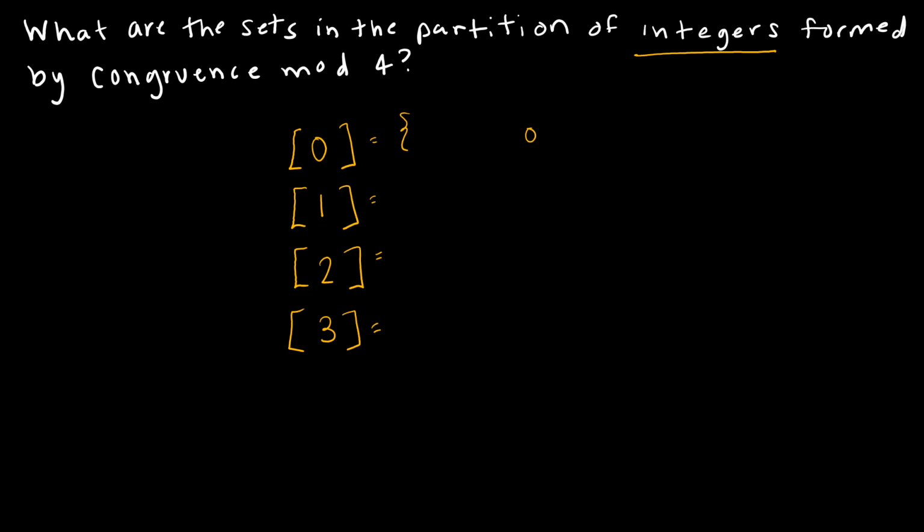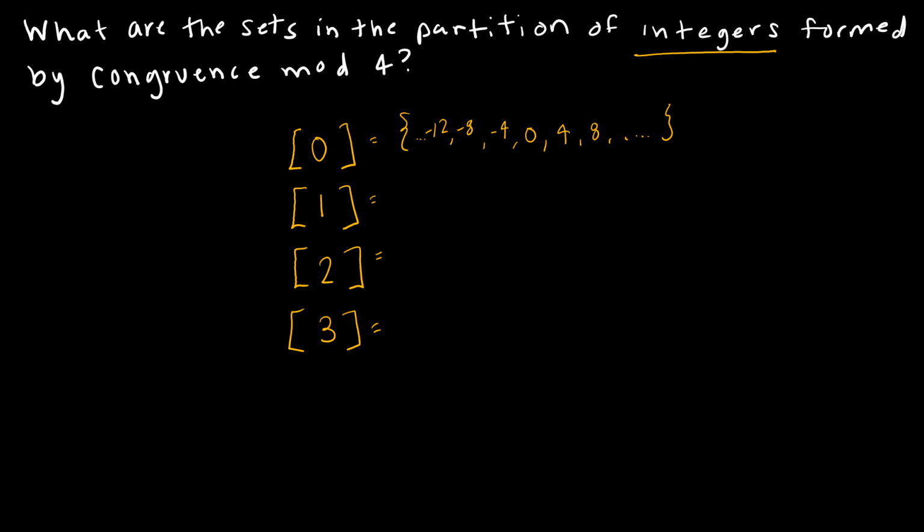So 0 is divisible by 4 evenly, and 4 and 8, and this would continue on forever in the positive direction, or negative 4 or negative 8 or negative 12, and it would continue forever in the negative direction. So that's how I might write that for the equivalence class of 0.